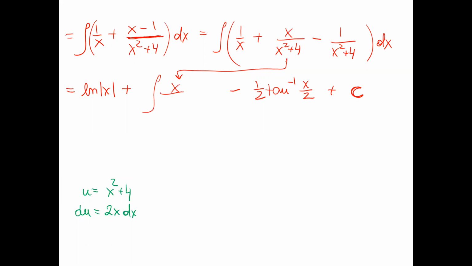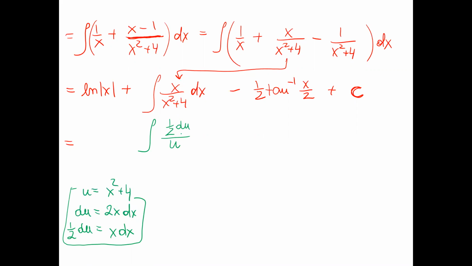Okay, x over x squared plus 4 dx. And we can see x dx is part of the integrand, then I will just divide everything by 2. X dx will be 1/2 du. Okay, I can maybe write this. That means x dx is 1/2 du, and the denominator was u.